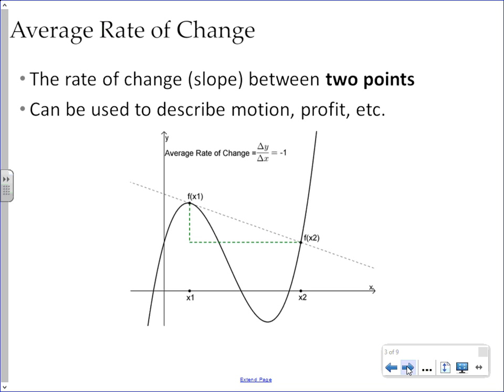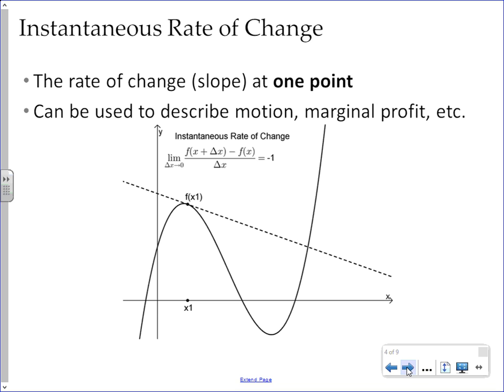Our average rate was, whatever miles per hour, okay? We made an average of $100 per year, because this is where we started, this is where we ended. Here's the average. Versus, you already know this, the instantaneous rate of change is going to be the slope at 1 point. I am going 50 miles per hour at this one very instant.